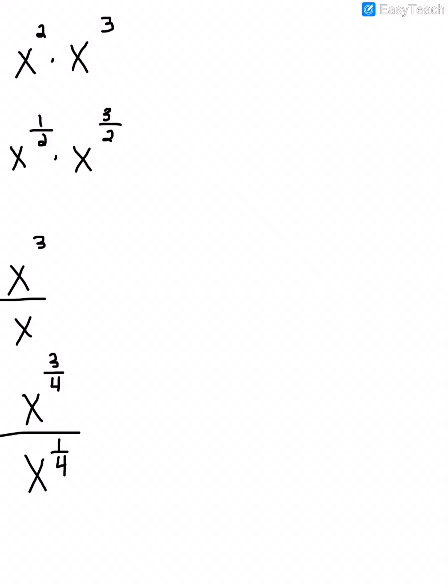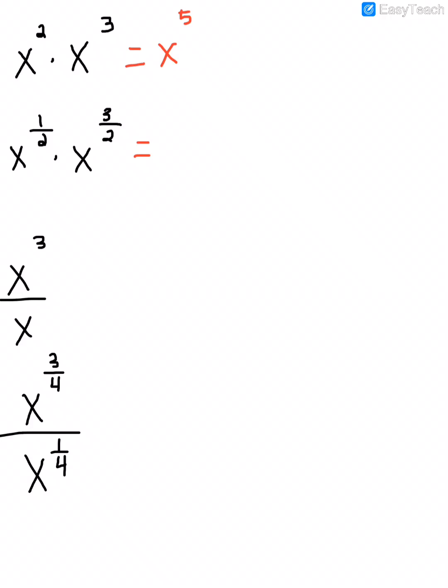Let's remember what we do when we're multiplying like bases. If we multiply like bases, as in this example here, x squared times x to the 3rd, remember our base stays the same, but we add the exponents. So this would be x to the 5th. Well, it's the same way when we're dealing with rational exponents. If our bases are the same and we're multiplying our bases, we just add the exponents.